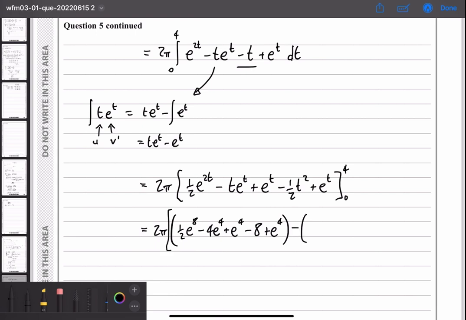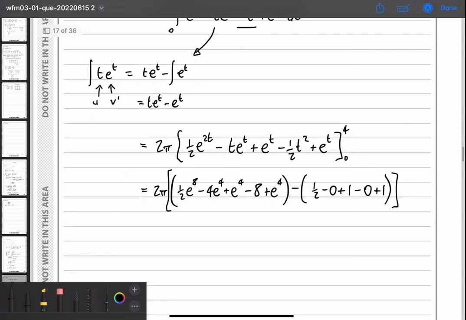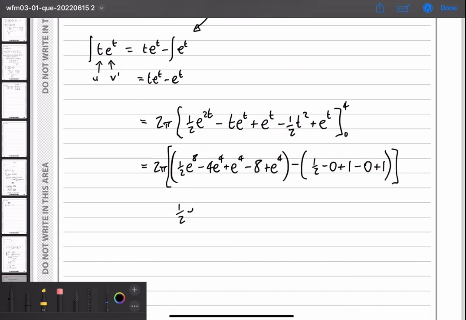Minus, if you put 0 in, e to the t becomes a 1, so we get a half minus 0 plus 1 minus another 0 plus another 1. Half e to the 8 minus 2e to the 4 minus 8, and then 1, 2 and a half, so minus 2 and a half, or 5 over 2, and all of that times by 2 pi.